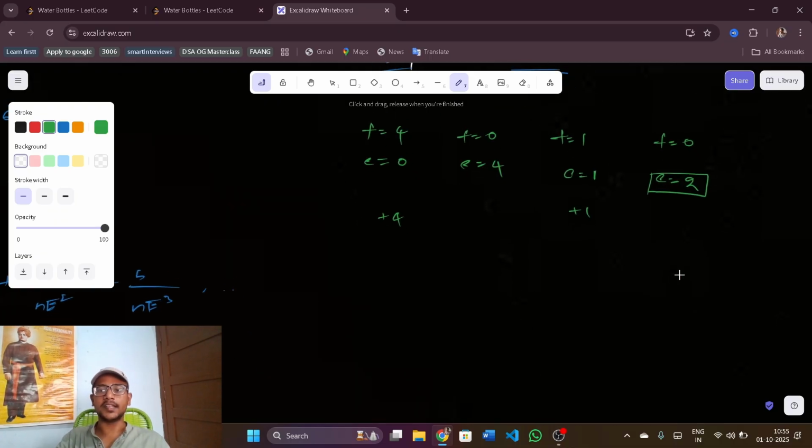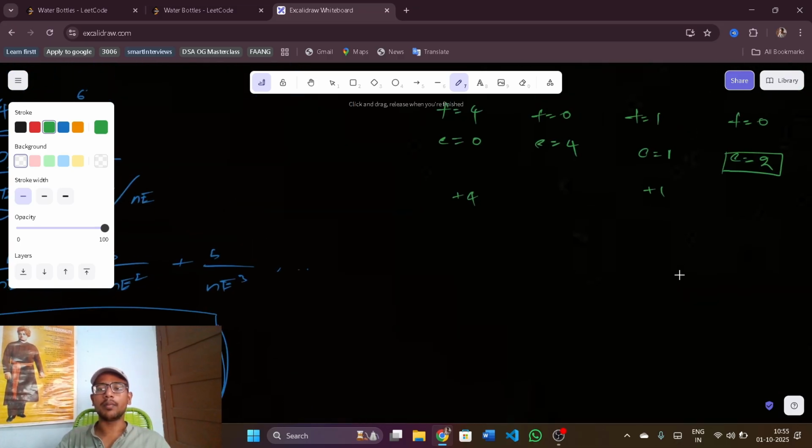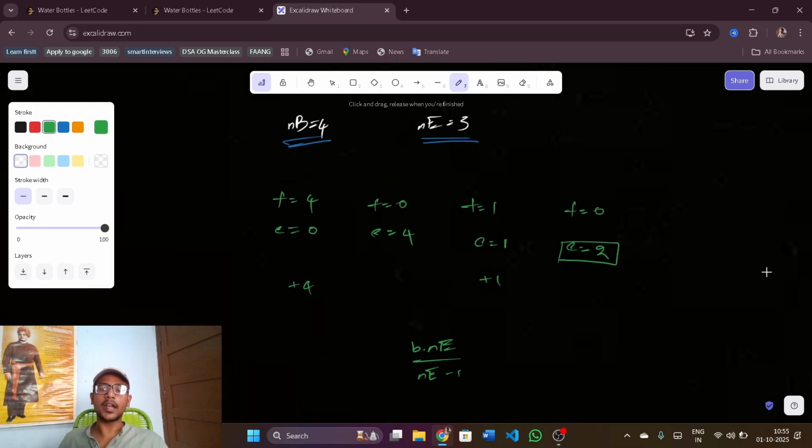Now let us see by applying this formula B into NE by NE minus 1. B is nothing but 4 and NE is nothing but 3. So 4 into 3 by 3 minus 1, 2. 4 into 3 is 12 by 2 is giving me 6. Why? Because it is giving us a number extra, because we are not subtracting 1.